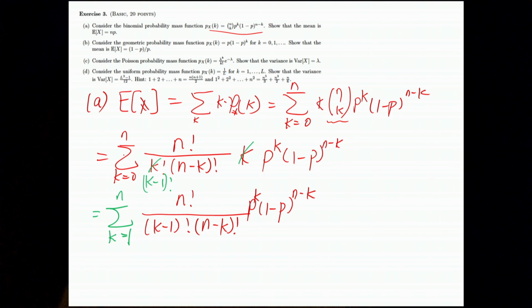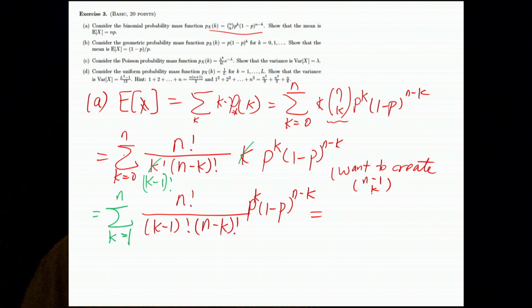Here we can do some rearrangement. Since I have n minus k, the strategy right now is to create the n minus 1 choose k.